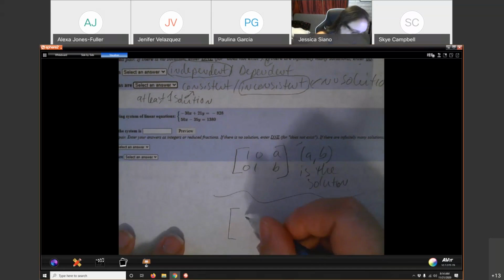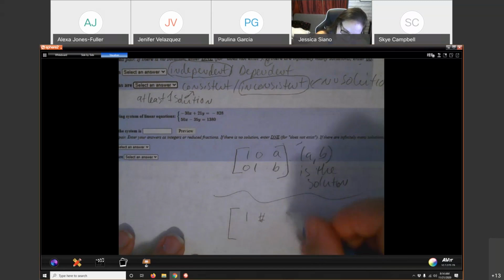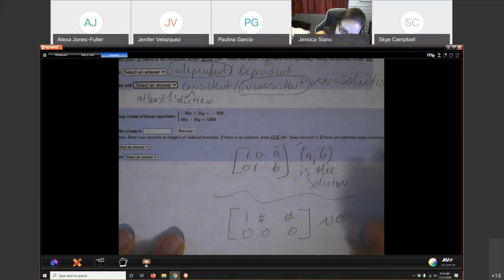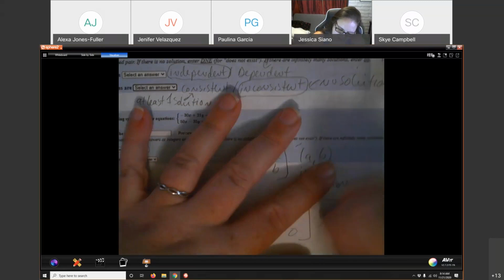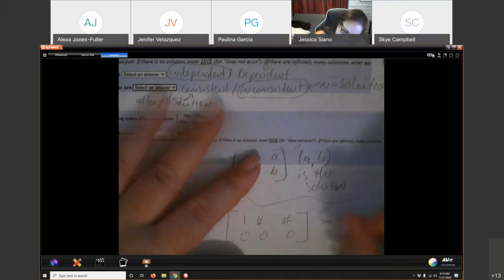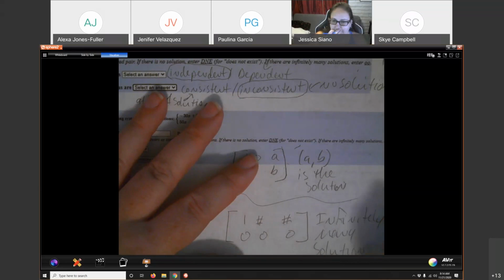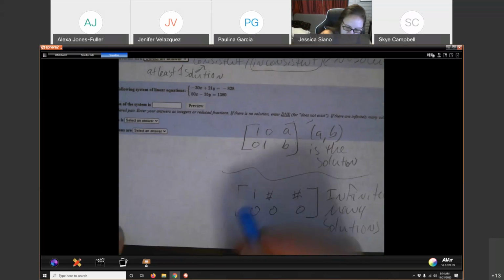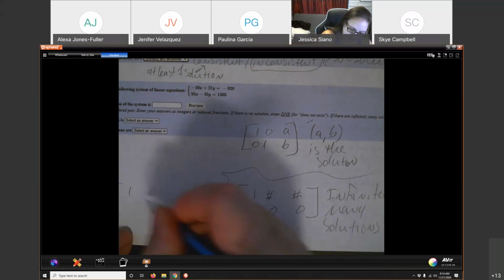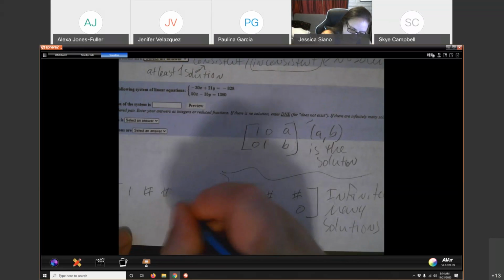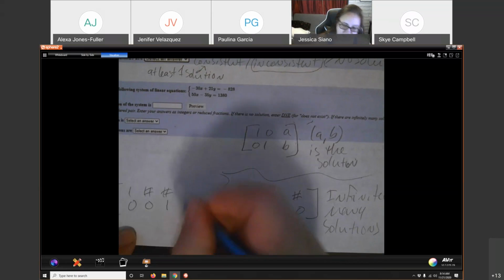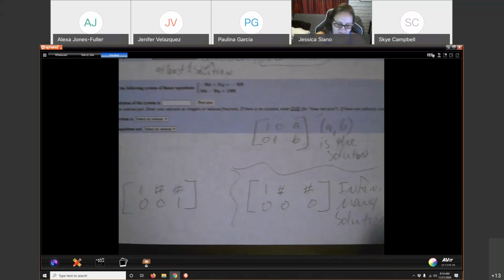If you get 1 and then something and all zeros on the bottom, then you have infinitely many solutions. If you get 1 and then a number and then a number and then 0, 0, 1 on the bottom, that means you have no solutions.